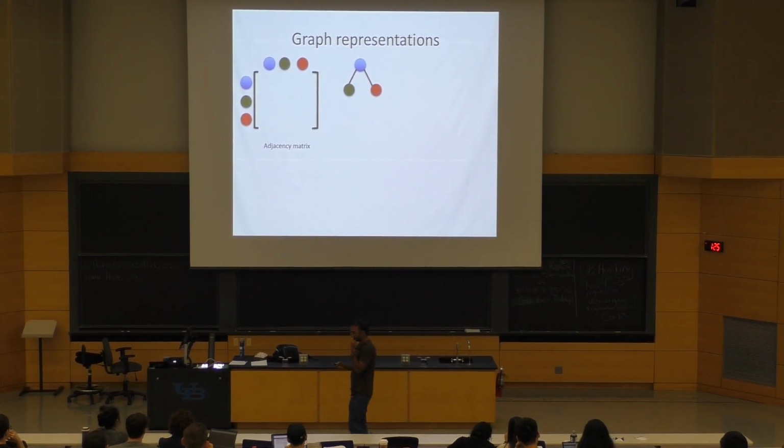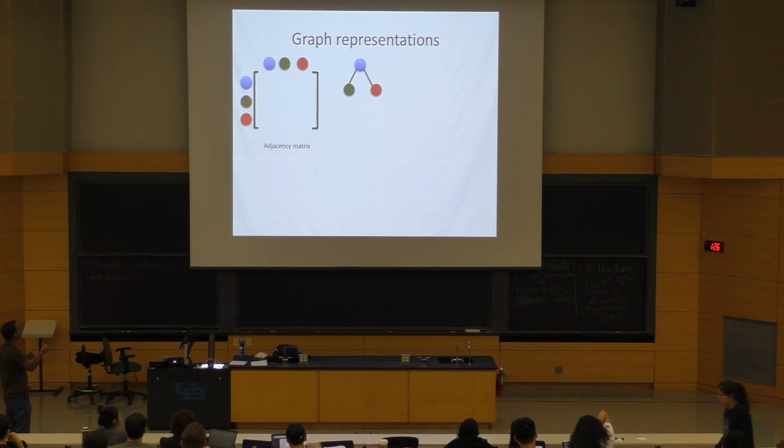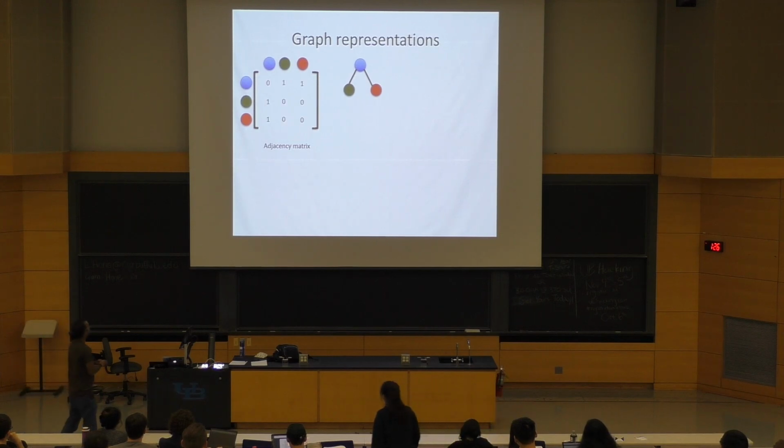An adjacency matrix is a 2-dimensional array, or a matrix, which by now, since you're doing homework 3, you should be familiar with. So it's an n cross n matrix. Every row and every column corresponds to one of the n vertices, right? So over here, the first row corresponds to blue, then green, then red, and similarly on the columns.